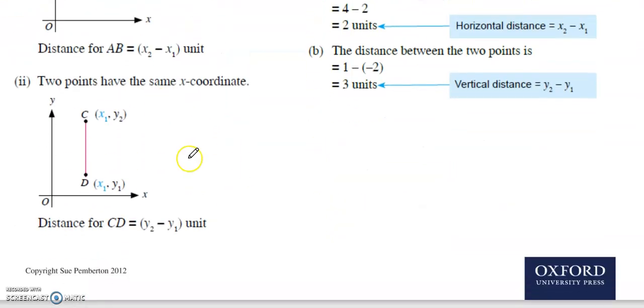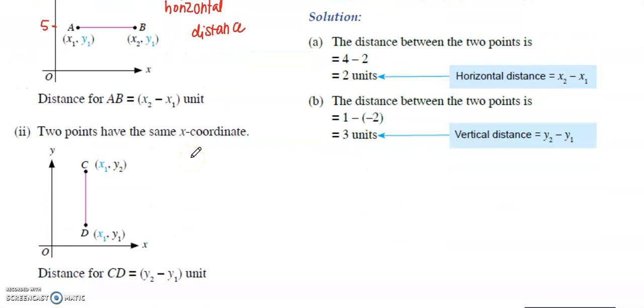Sama juga dengan this problem. We can see this is a vertical line, and it has the same x coordinates. Like say we have here 2, so x coordinate untuk C ialah 2, dan x coordinate D also 2. So here we want to calculate the vertical distance.